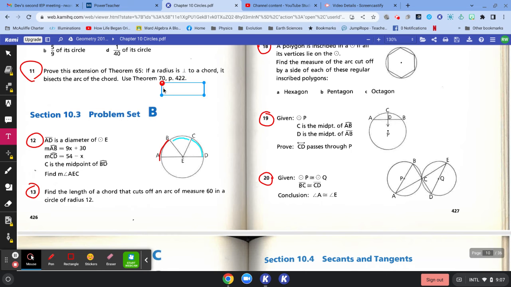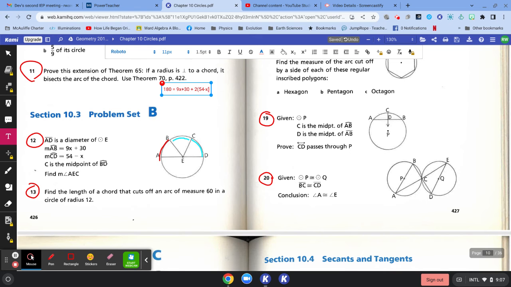So we get 180 equals the measure of AB, which is 9x plus 30, plus 2 times the measure of CD, because CD is only half of BC. So 2 times 54 minus x.